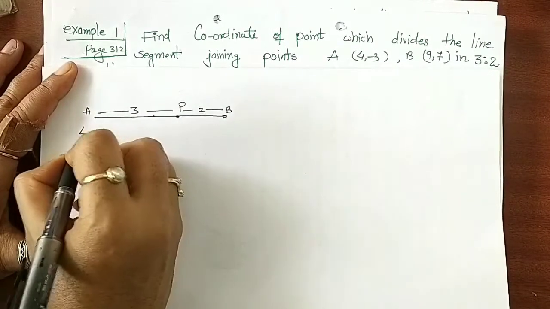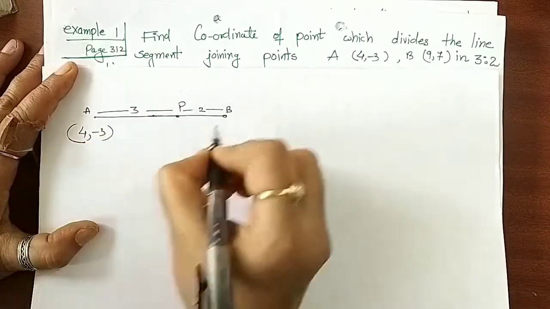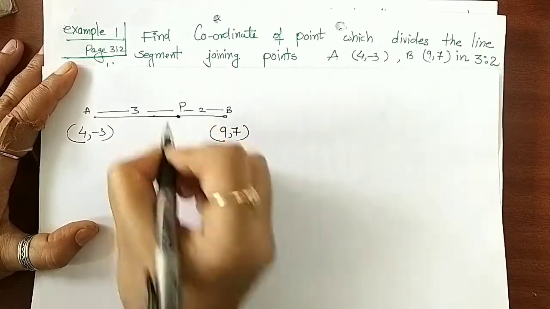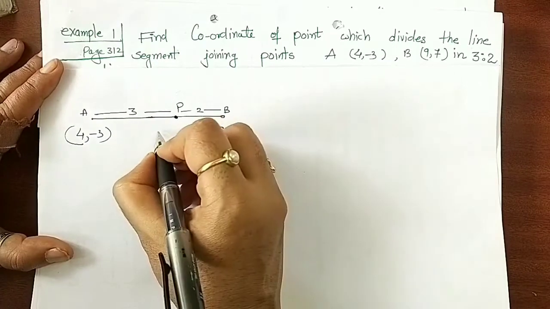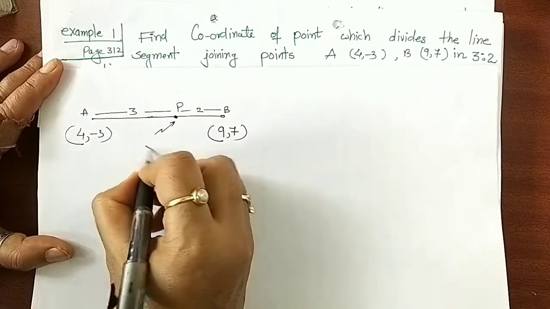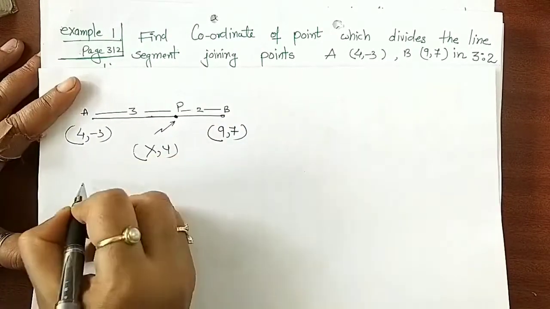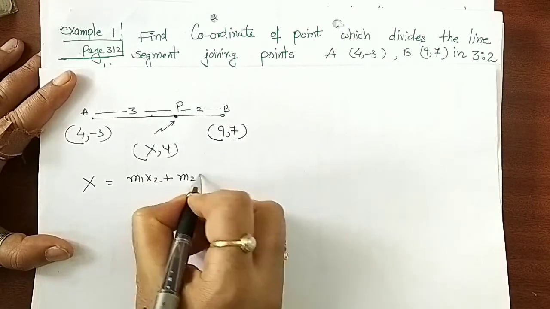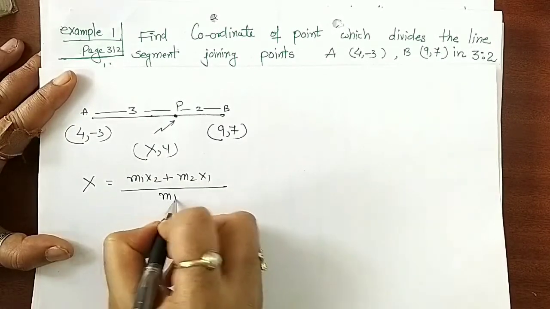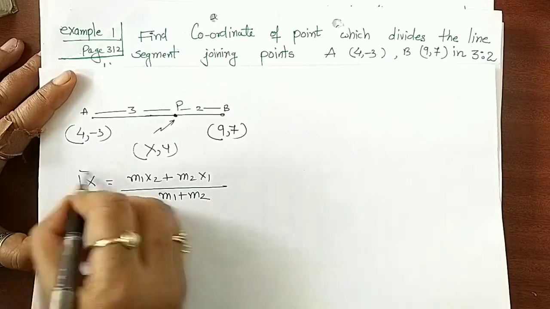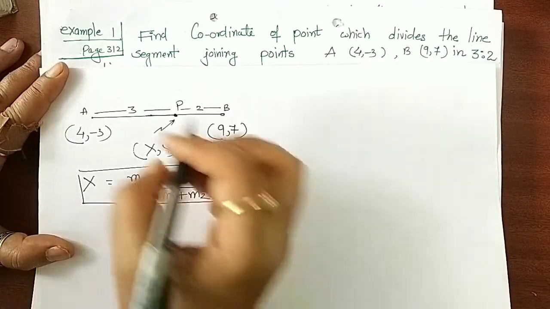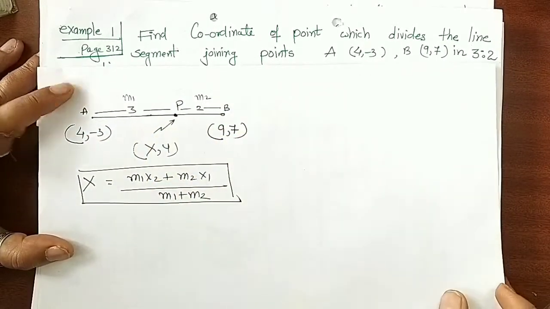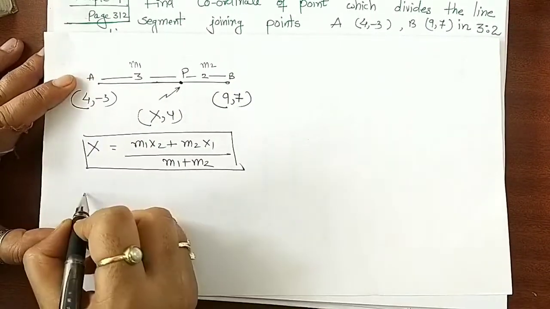This point is (4, -3) and this is (9, 7). We are interested to find P, so suppose its coordinates are x, y. So x is given as (m1 x2 plus m2 x1) by (m1 plus m2). This is my m1 and this is my m2. Let me fit the values.